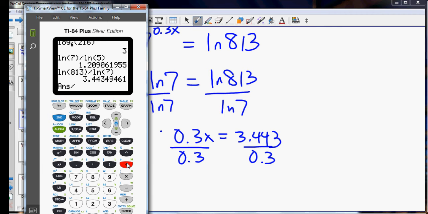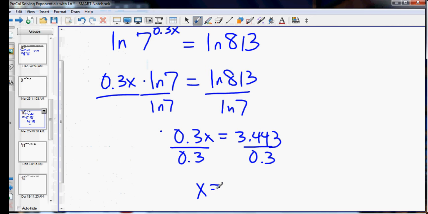I divide by 0.3 and get 11.478. So good?